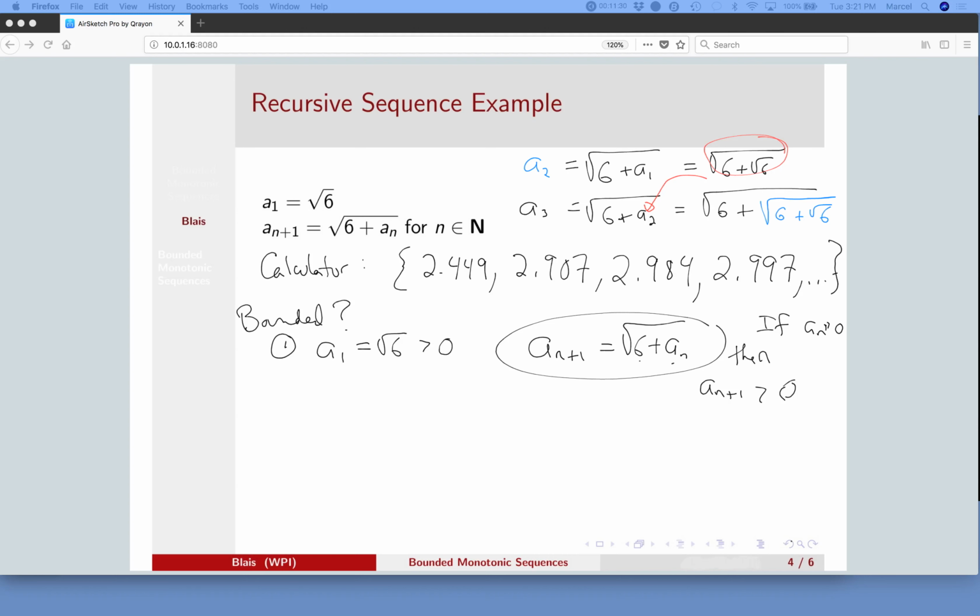And since a sub 1 is greater than 0, this combined with this fact is an argument by something called mathematical induction that tells us that all of our a sub n's are greater than 0. So that means we know that it's bounded below.